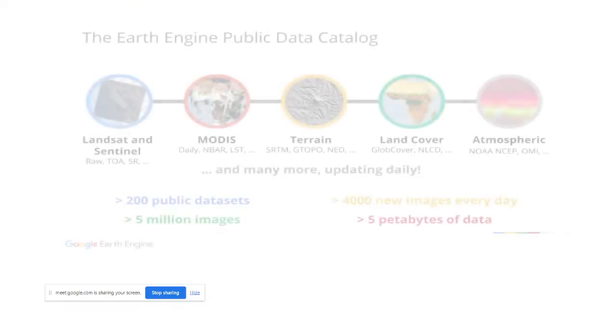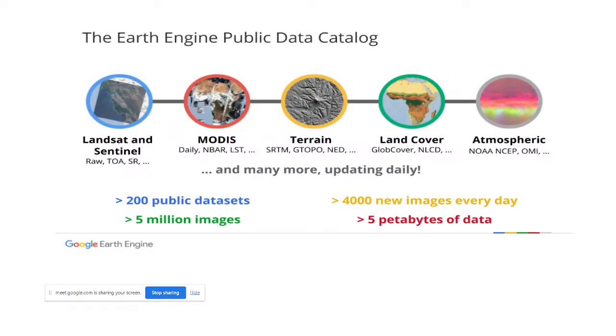So let's go. First of all, the Earth Engine public data catalog. Earth Engine is a totally cloud-based platform. When you are using the Earth Engine data catalog, you don't need to download any satellite imagery.